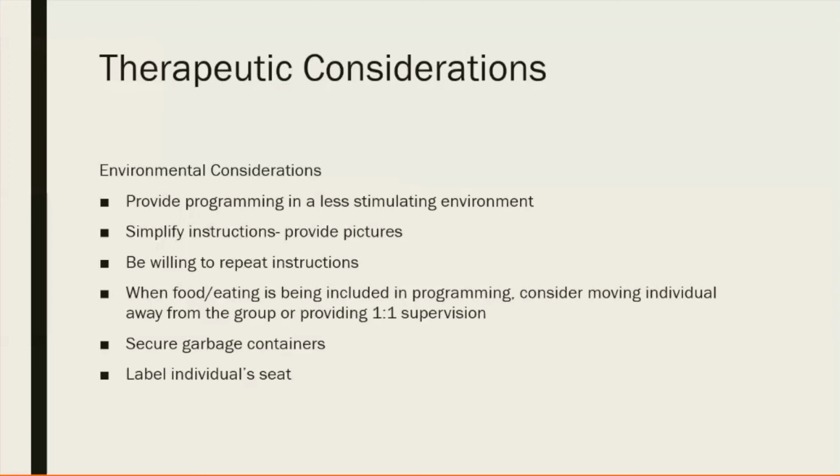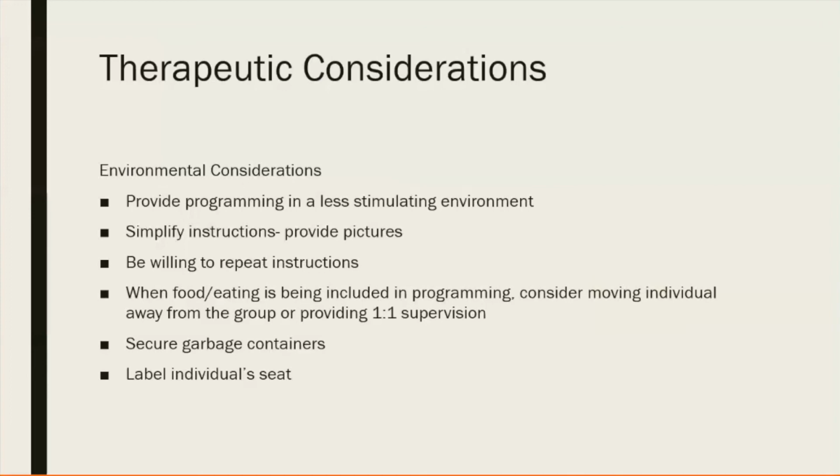We want to simplify instructions. Be conscientious about the language that you're using, right? If you're offering choices and offering two choices is too hard for somebody, offer one choice. You're still giving them the ability to say no if they don't want to, right? If they're having a hard time interpreting written words, provide some pictures for them.